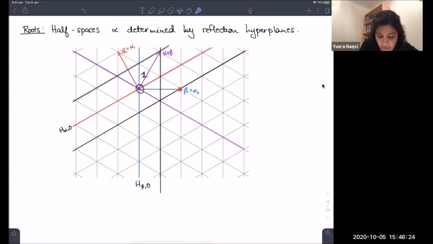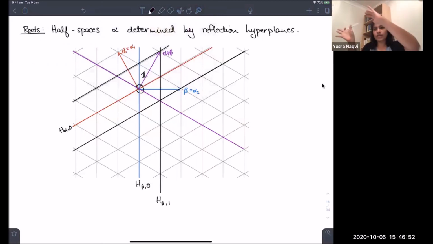So I could write out my roots alpha and beta as half spaces on one side of these blue and red hyperplanes. Now this I would call H beta 0, because if I look at this direction beta, I'm making the product with it 0. I could also start labeling further out in this direction. So I would call this H beta 1.